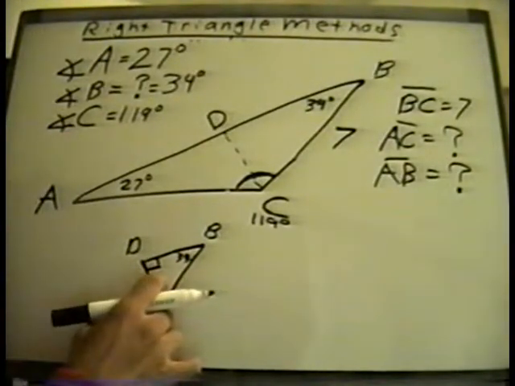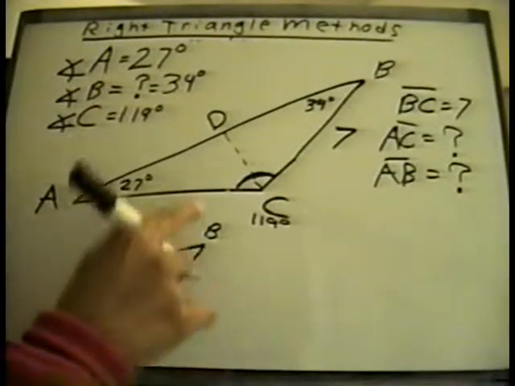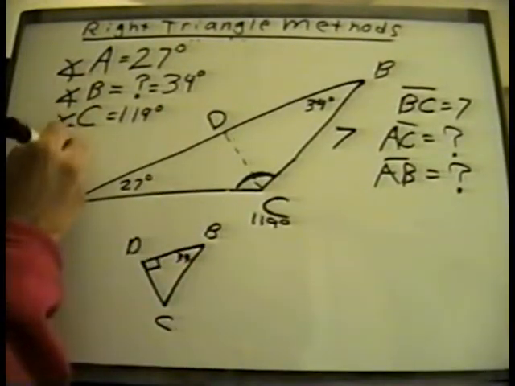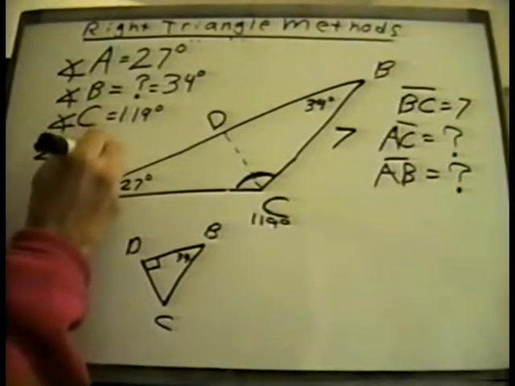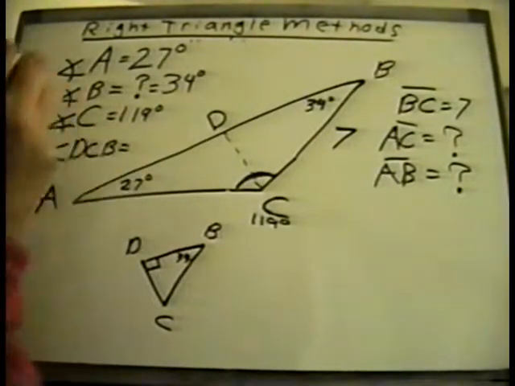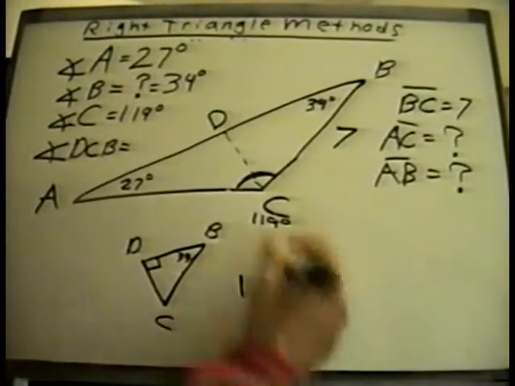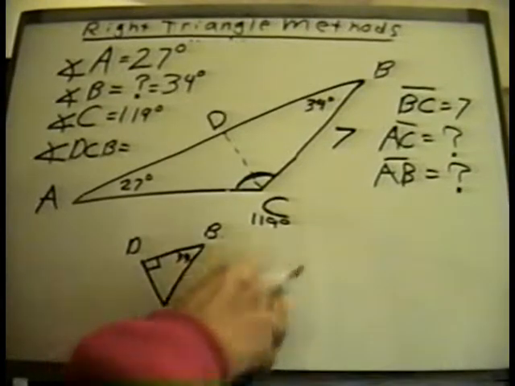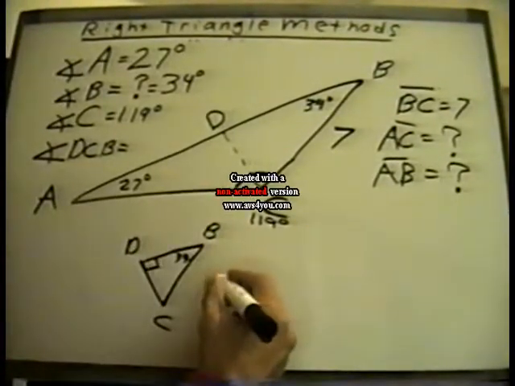Okay, we know angle DBC is equal to 34 degrees. We know this is 90 degrees. So we can find angle DCB.